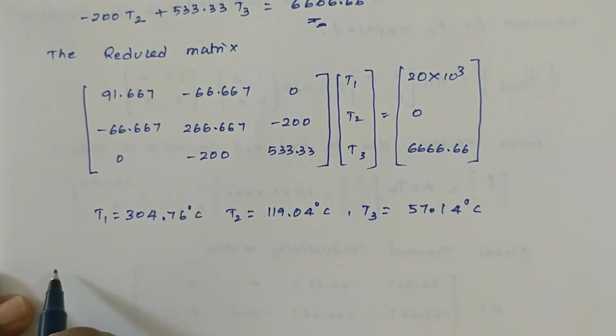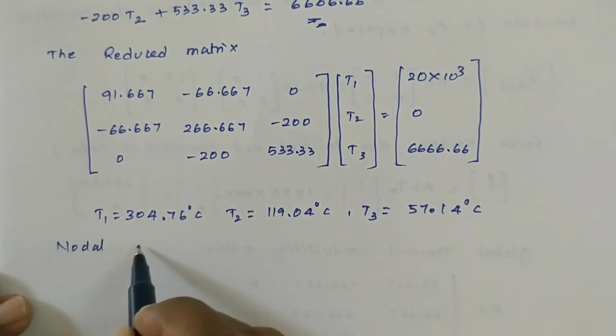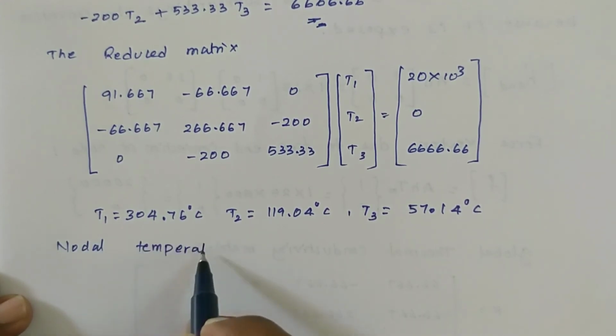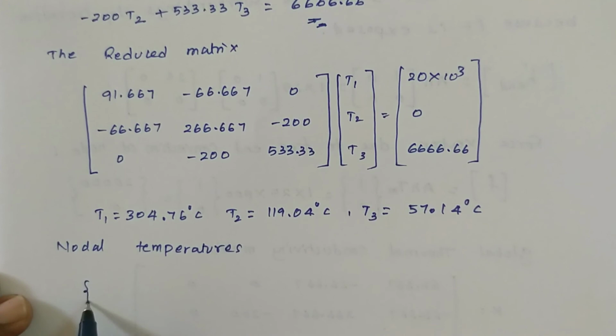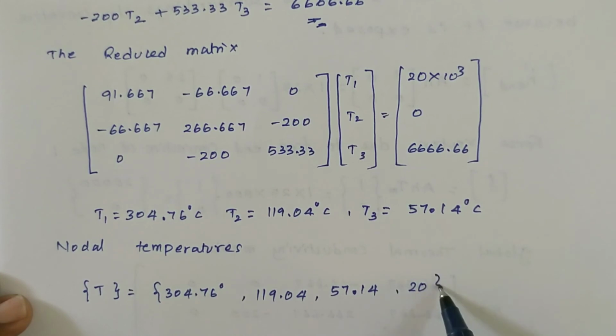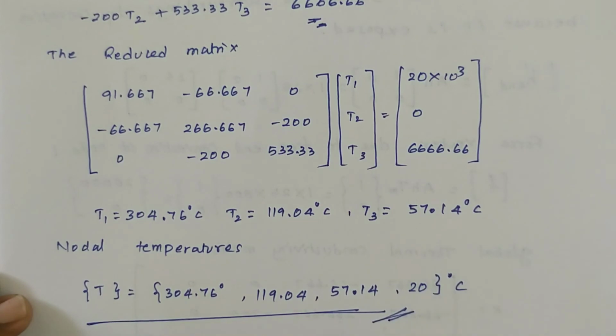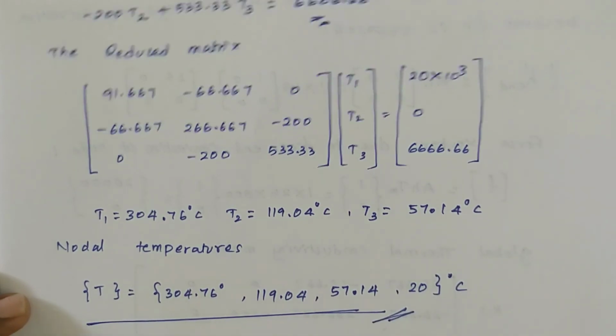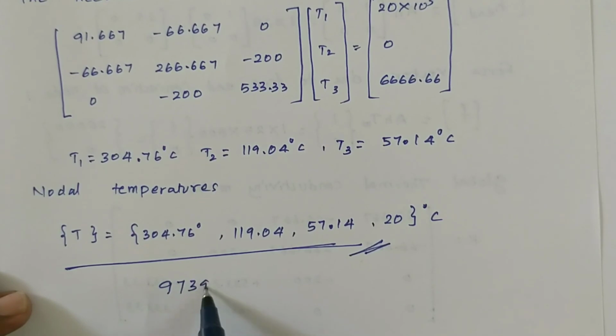The nodal temperatures can be represented like this: T1 is 304.76, T2 is 119.04, T3 is 57.14, and T4 is already given, in degrees centigrade. These are the nodal temperatures. For any clarifications, kindly contact on this number. Thank you.